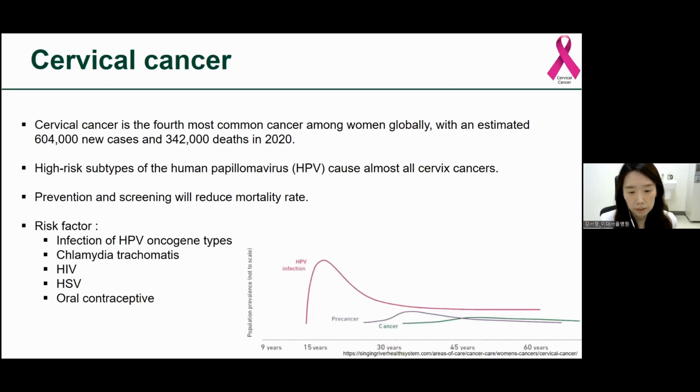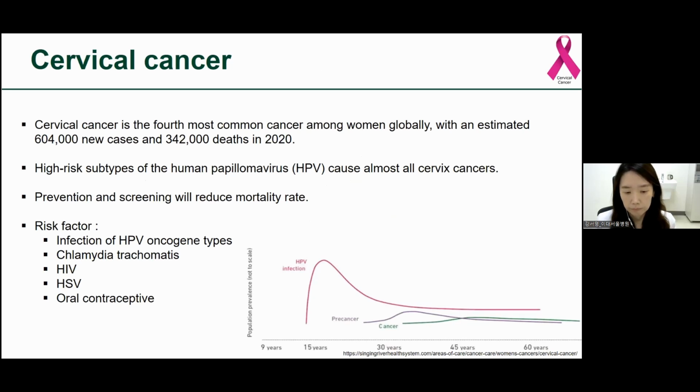Cervical cancer is the 4th most common cancer among women globally, with an estimated 604,000 new cases and 342,000 deaths in 2020. High-risk subtypes of the human papillomavirus cause almost all cervix cancers.